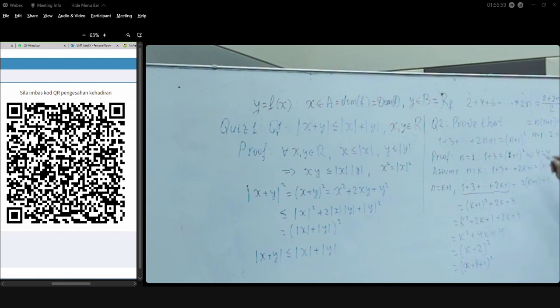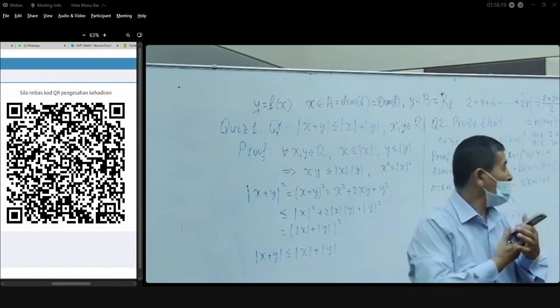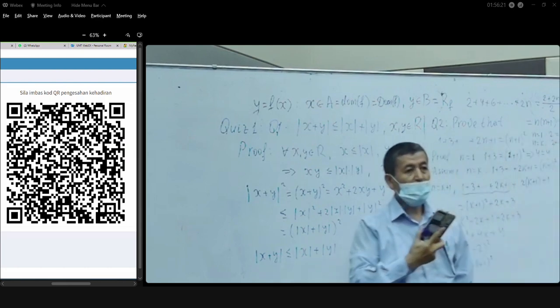So I will assume n equal to k is correct, which means 2 plus 4 plus up to 2k equal to k times k plus 1. Then next you have to prove. If you show the next is correct, then it is also correct.